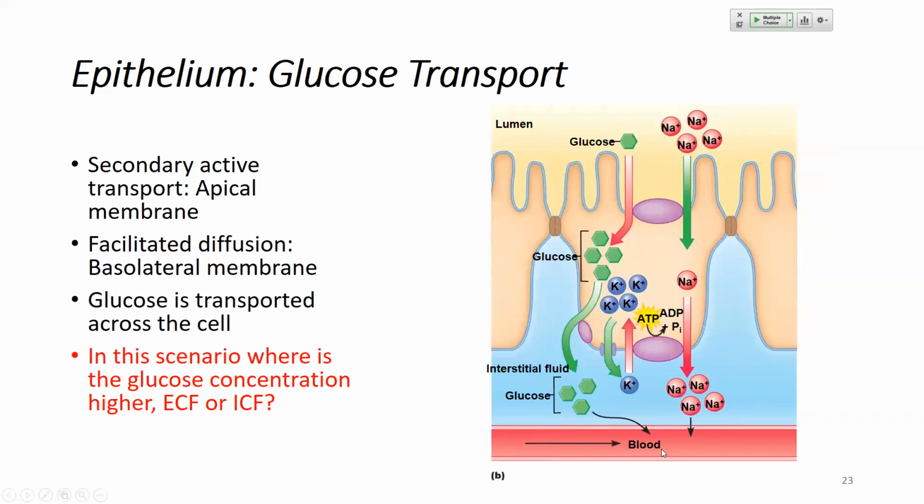Now, in this scenario, where is the concentration of glucose higher? I want you to think about that for a little bit. Is it higher inside the cell or outside the cell?